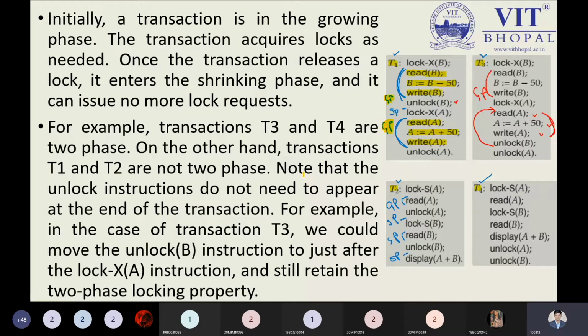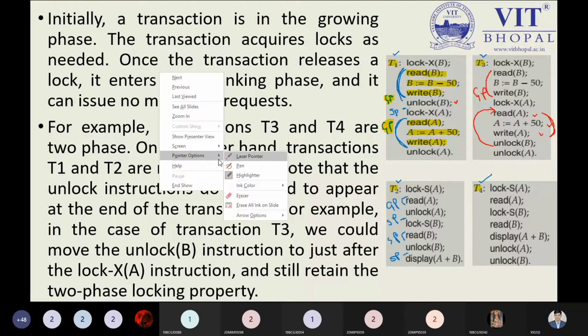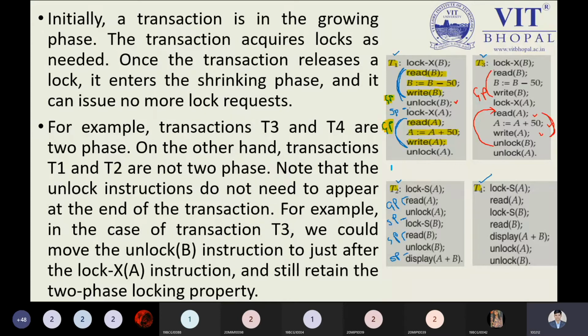But before that, I made a mistake. What mistake have I made? You can easily see over here. I have unlocked B. So I'm unable to use the B data item because it is now unlocked. So this was the problem over here. So we can say transaction T1 will not satisfy the growing phase property.